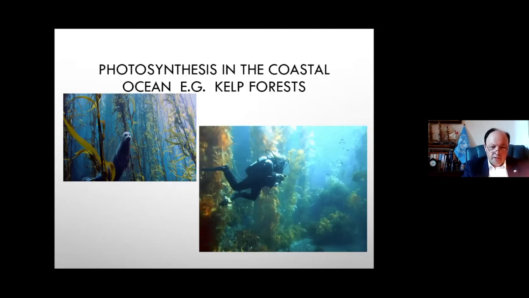Here in Britain, for example, and in many coastal regions, we have kelp forests, and they are very rapid growth. The beauty of them is that they are truly underwater forests. They attract huge amounts of biodiversity, and when they are present, a lot of marine life and marine animals thrive among these kelp forests.